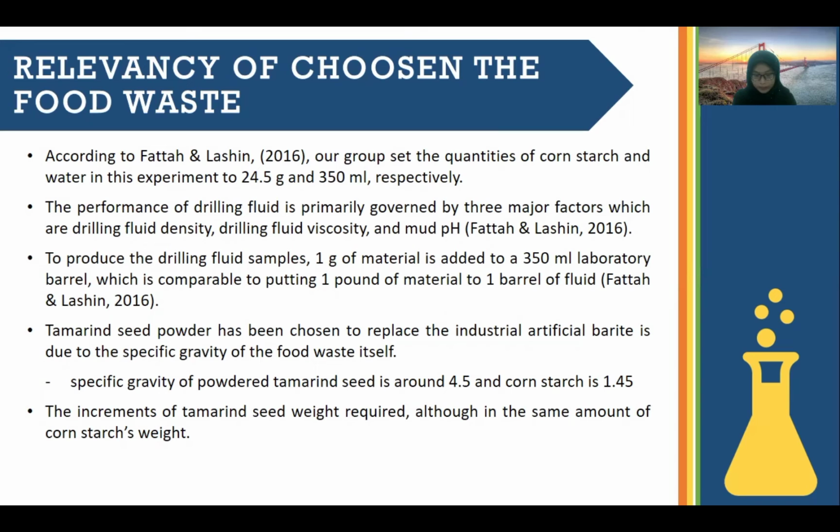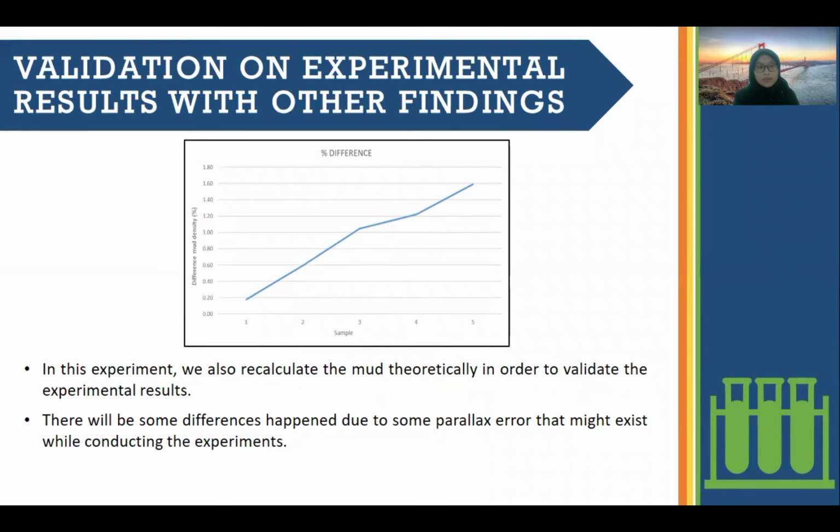Using the specific gravity value, we can simply compute the density of the food waste by multiplying the value with the density of water, which is approximately 8.33 pound per gallon. Thus, we get the density of powdered tamarind seed around 37.485 pound per gallon, while the density for cornstarch is roughly 12.079 pound per gallon.